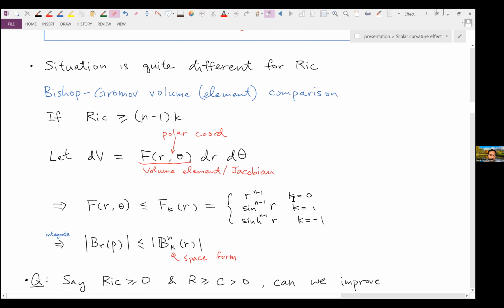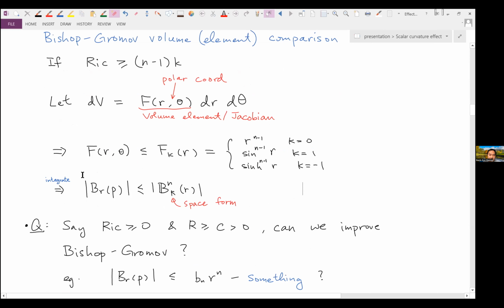Then we have a volume elements comparison theorem: the Jacobian or volume element is less than or equal to the standard one. For example, in the flat case, the volume element is r to the power n-1, and so on. If we integrate, then we get the volume comparison for the balls. So the geodesic ball is smaller than or equal to the ball in the space form.